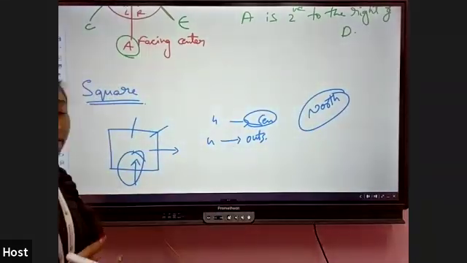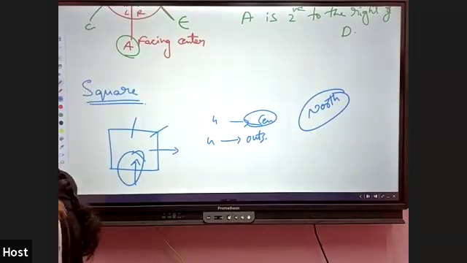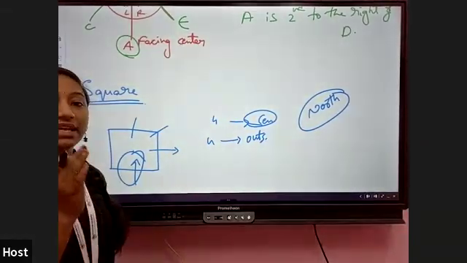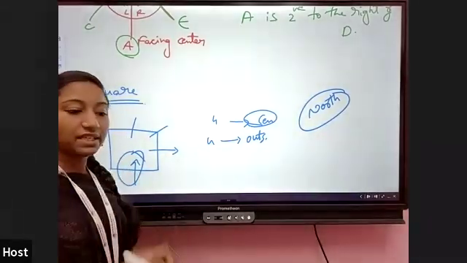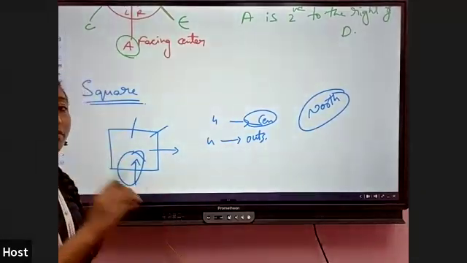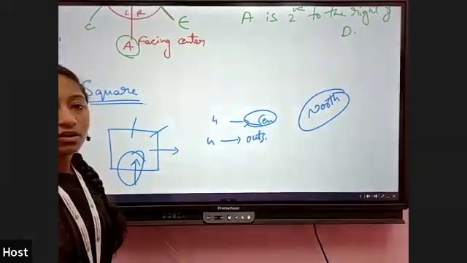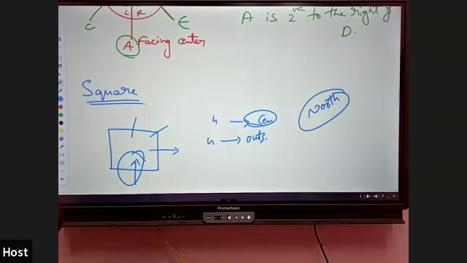Coming to the circle and square, if they did not mention facing center or facing outside, we should take facing center only. The basic is facing center. If they particularly mention facing outside, then we should take facing outside. Keep in mind these few points.